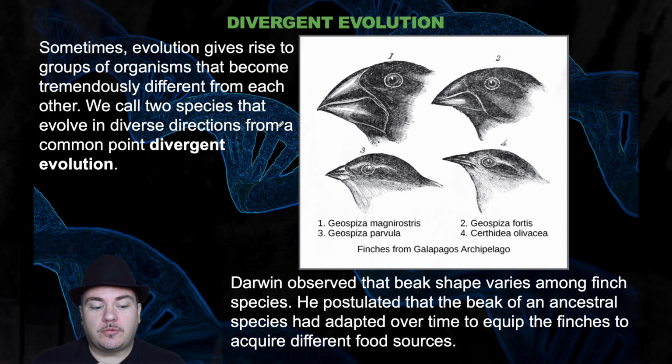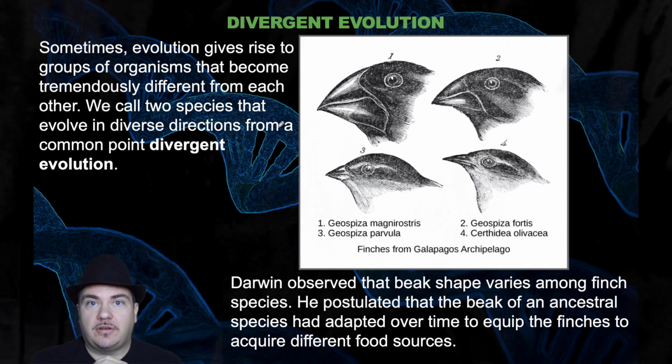Sometimes evolution gives rise to groups of organisms that become tremendously different from each other. We call two species that evolve in diverse directions from a common point divergent evolution. An example of that is the finch species that Darwin found in the Galapagos Islands. Those different finch species evolved from a common ancestor, but over time they became adapted to different food sources, so they diverged away from each other.